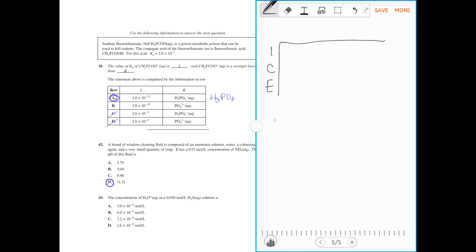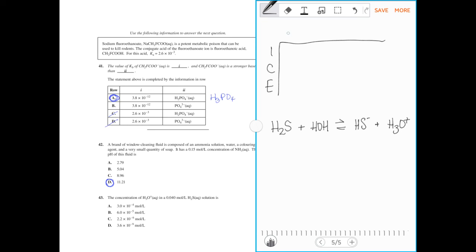Our formula is going to be H2S plus our water. And our H2S is definitely our stronger acid over water, so that is going to be our proton donor. So I should have hydrogen sulfide and H3O positive as my products.